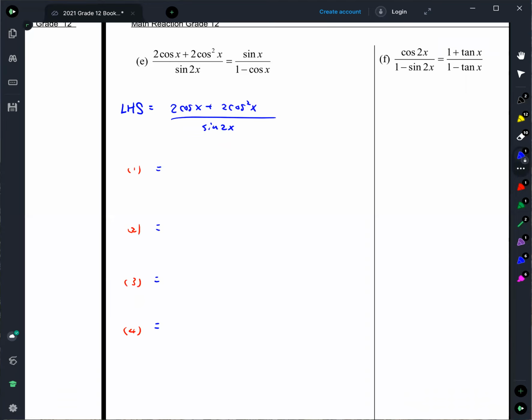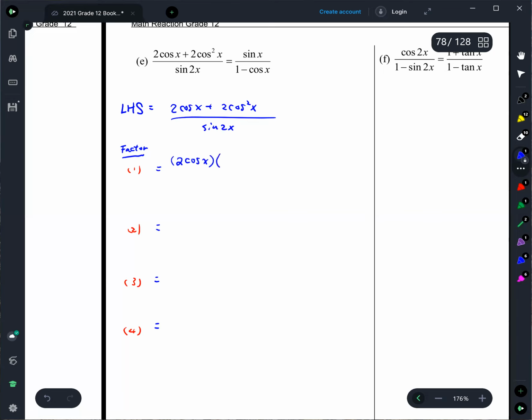Any suggestion before I say anything? Caleb: can we factor out the 2 from the numerator? Very good, they both have 2. Anything else we can factor? Cosine, yes. So we factor the GCF: on the top, we have 2 cosine x as our common factor.